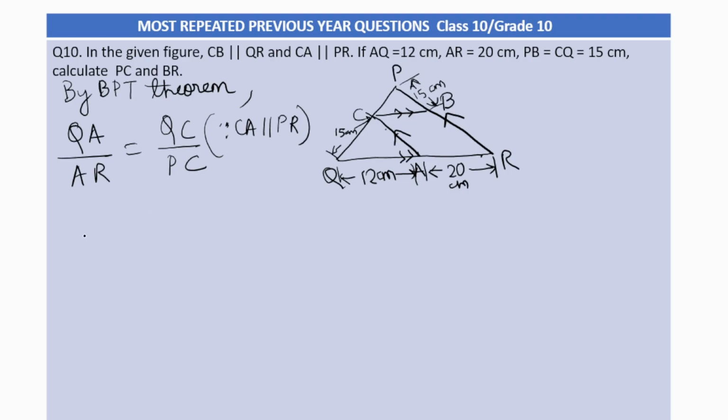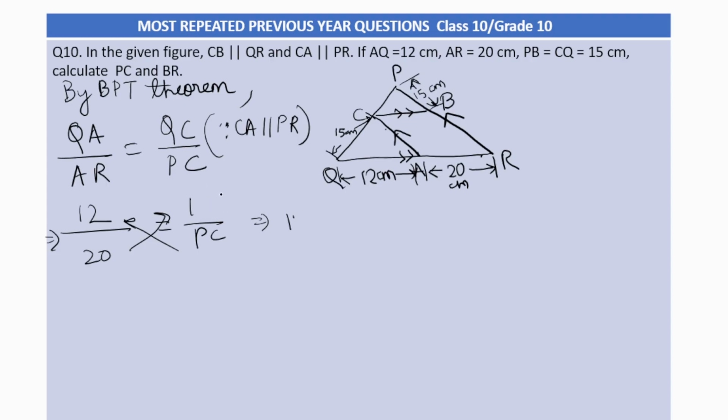QA value is given to us, it is 12 centimeters, so I'll put here 12. AR value is 20, I'll put here, and QC value is 15, and we need to find the PC value. So let's cross multiply. QA is 12 and QC is 15, not 12 here.